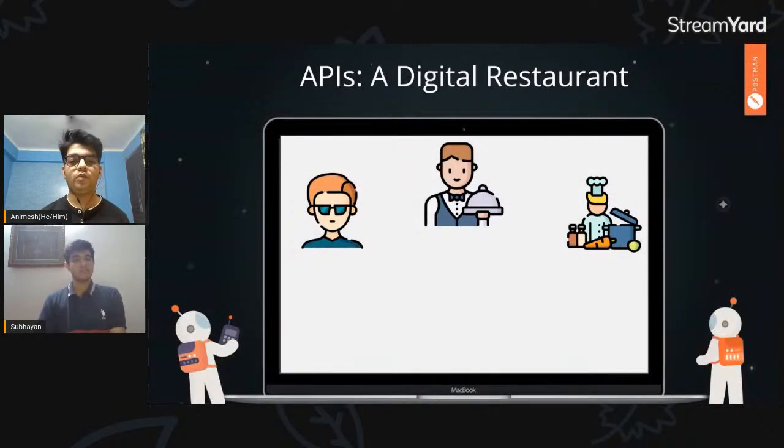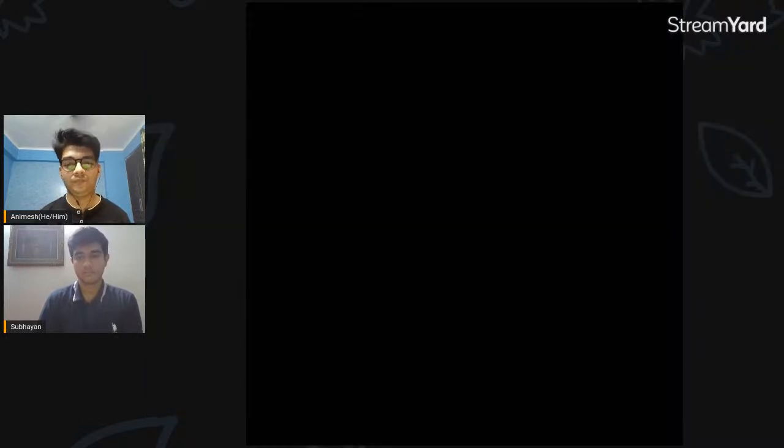In this case, you are the client, and you're sending your request to the waiter, who tells the chef in the kitchen what you want, your order. Then the waiter comes back with the order, or they may tell you that the kitchen is out of the menu item or the ingredients are not yet available, so you have to wait. This is similar to what APIs do. They provide services between the client and the service provider.